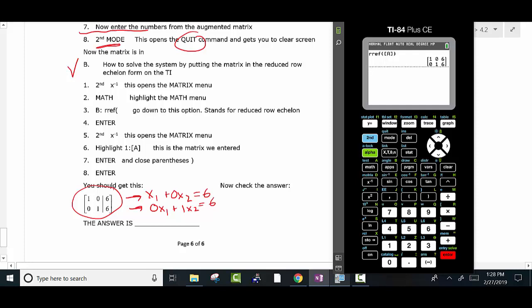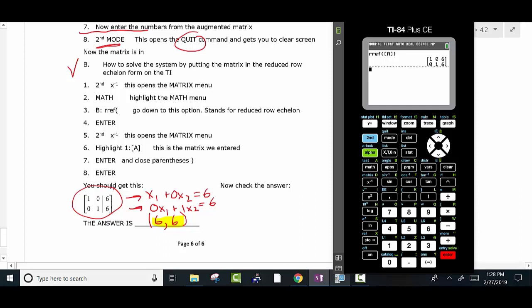So the answer is x1 is 6, x2 is 6. All the things we've learned, like graphing, substitution, and elimination, that's how a computer does a matrix. It does row operations. I wanted to give you a little background on row operations. It runs through and does that, and that's what the answer is.